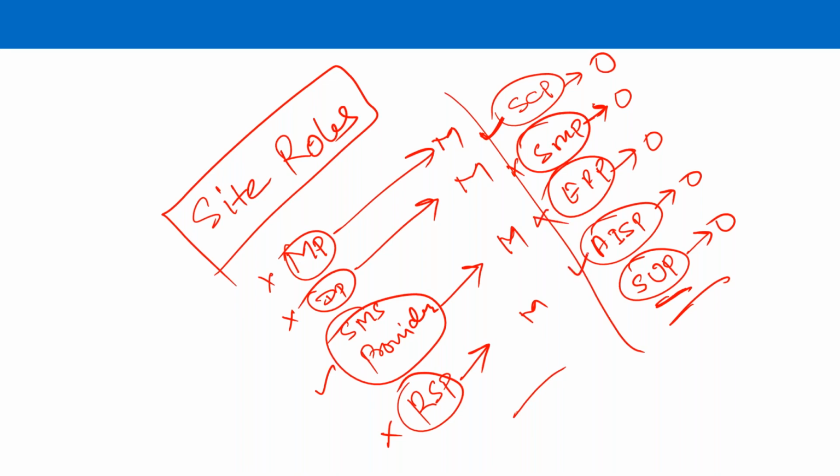Asset intelligence, you can do it on CAS. So software update point, asset intelligence, service connection point, SMS provider, and that's it. These are supported on CAS. Clear?